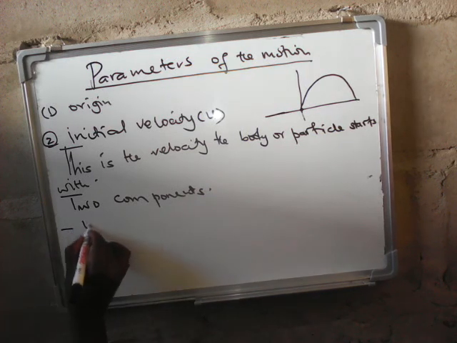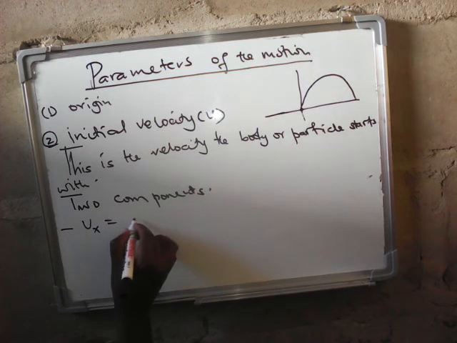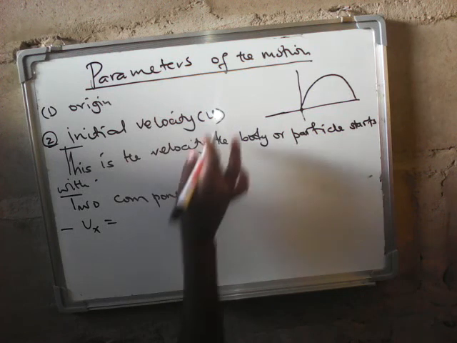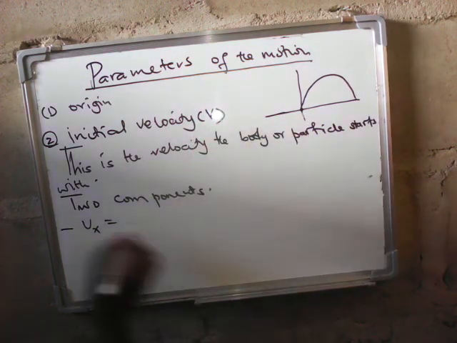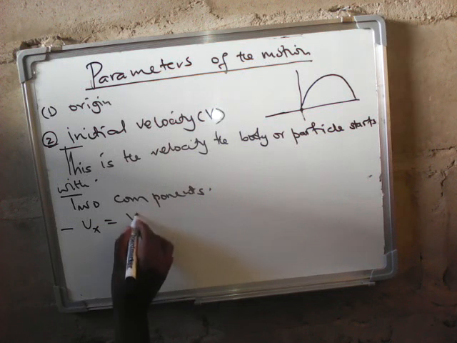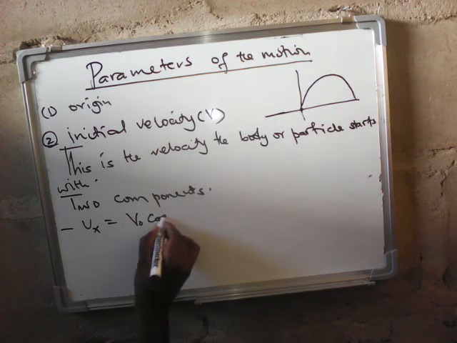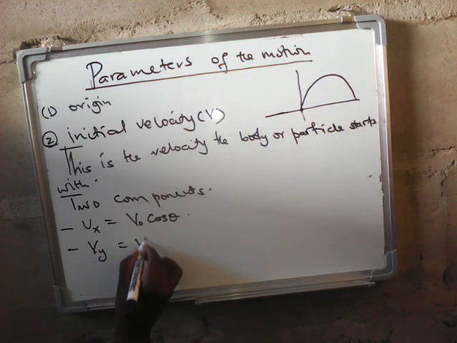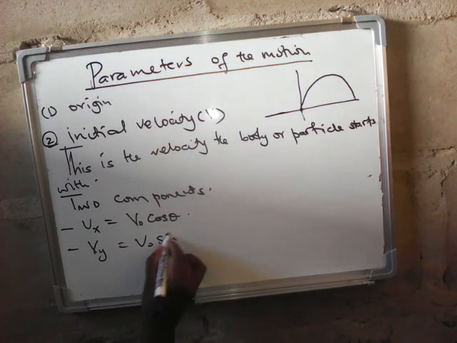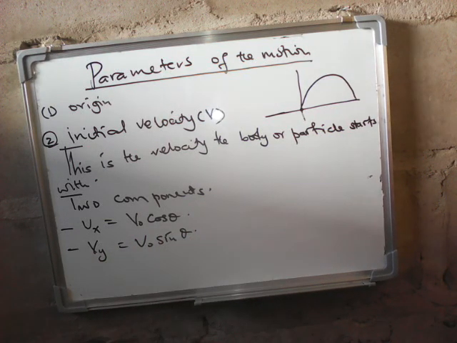We have Vx, which is equal to V naught cos theta, and then Vy, which is equal to V naught sin theta.